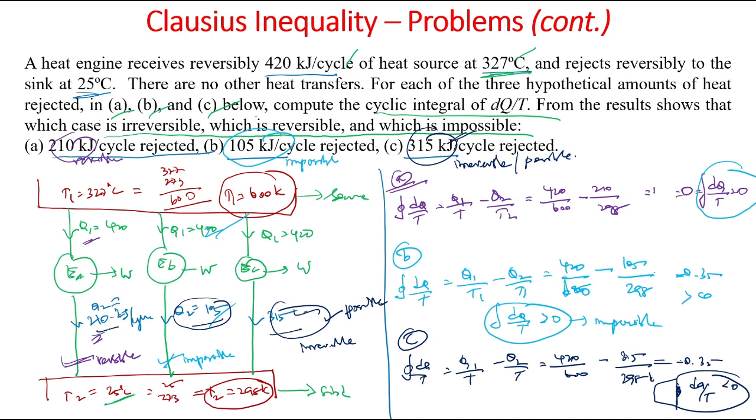Heat rejection of 210 at that temperature gives a reversible cycle, because we are getting 0, there are no losses. But if the heat rejection is much lower, that is 105 compared to these two, the cycle is called an impossible cycle. So from that you know that some heat rejection really occurs in a real, possible or irreversible cycle. Okay, so these are the problems in the Clausius inequality, whether the cycle is possible, impossible or reversible. Okay, thank you.